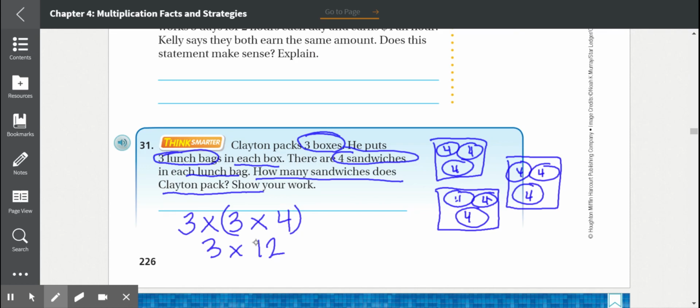If we haven't learned how to multiply a number like 12, we know we can use repeated addition. So let's do 12 plus 12 plus 12, right? 3 times. Well, now we can count by 2s. 2, 4, 6, and then 1, 2, 3. So our answer is 36 sandwiches.